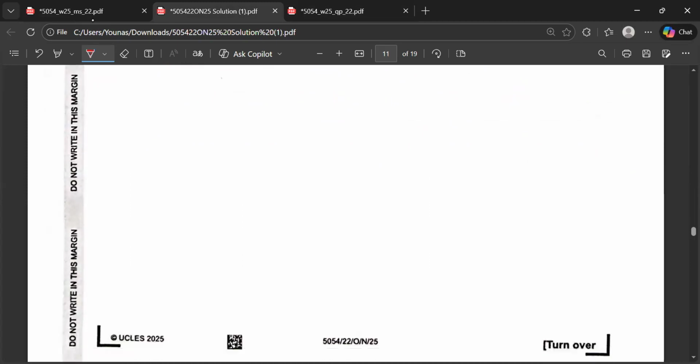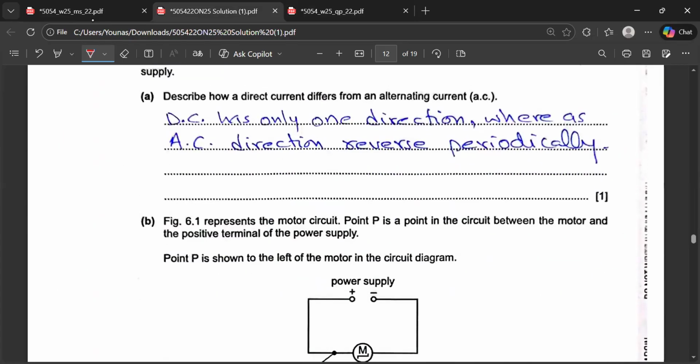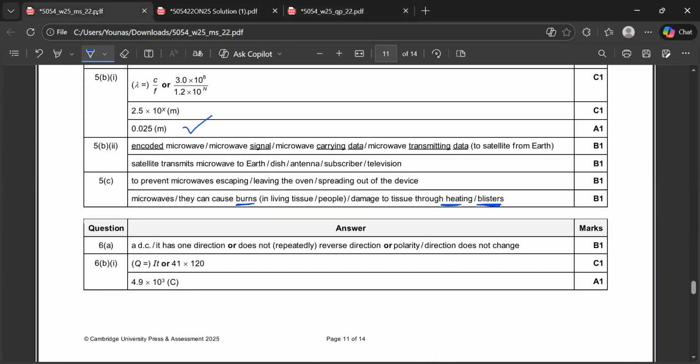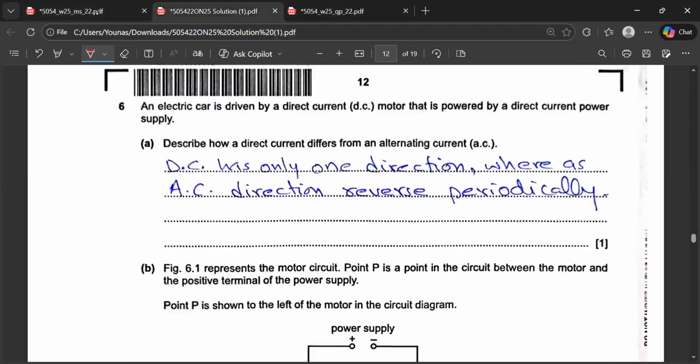So here my answer is coming up: DC has only one direction, whereas alternating current direction reverses periodically.